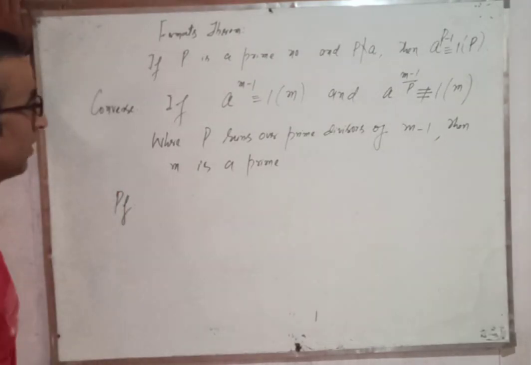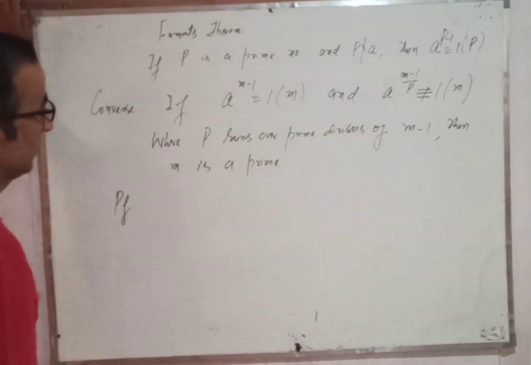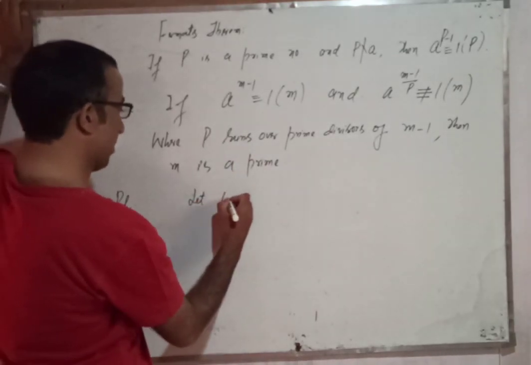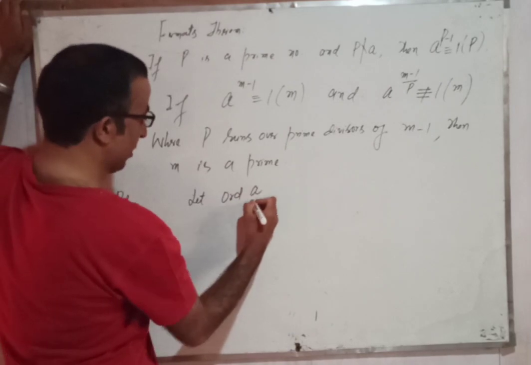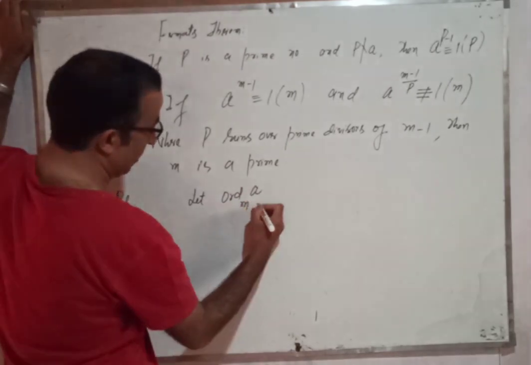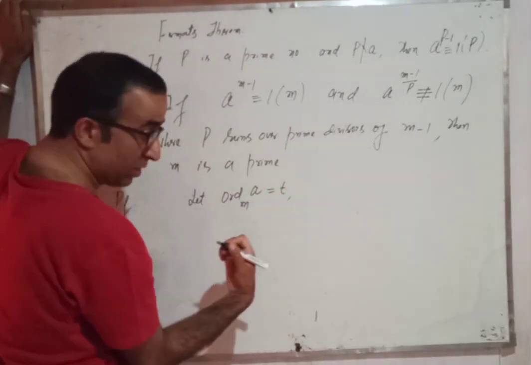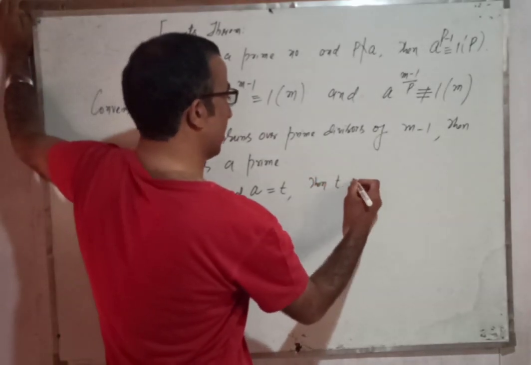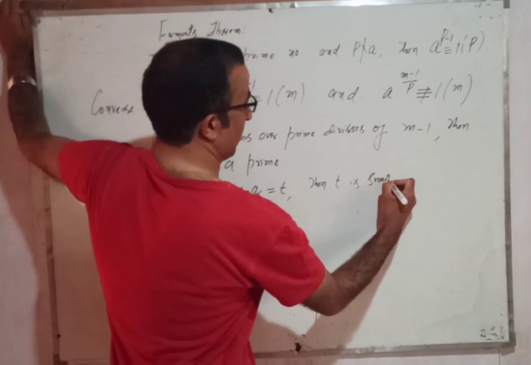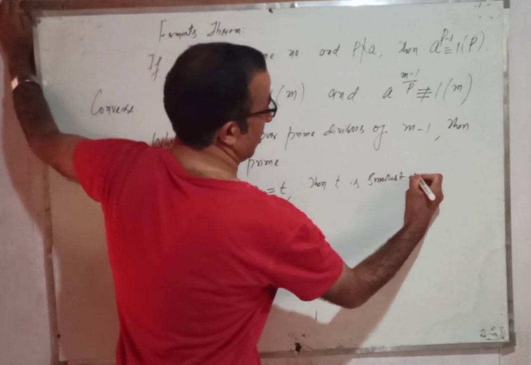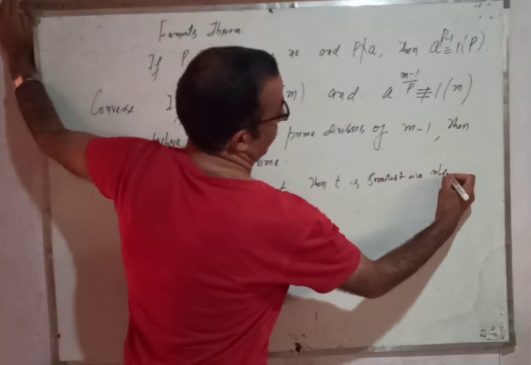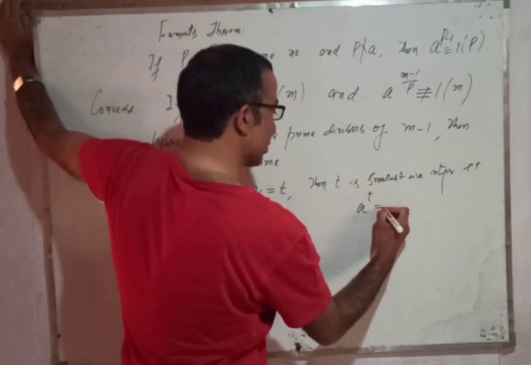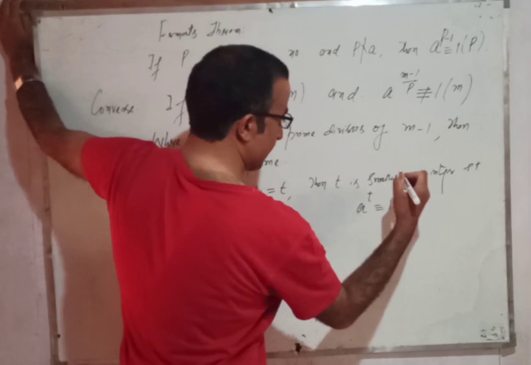Again, let me choose the order of a. Let the order of a modulo m be equal to t. Then you know t is the smallest positive integer such that a power t is congruent to 1 mod m.